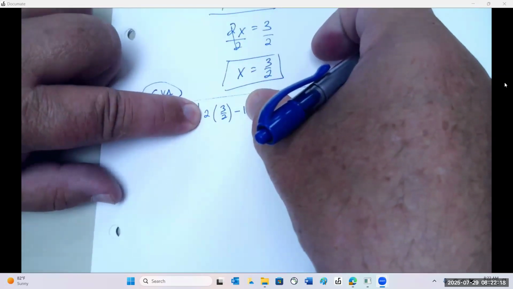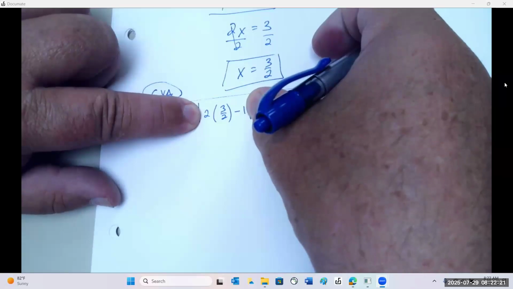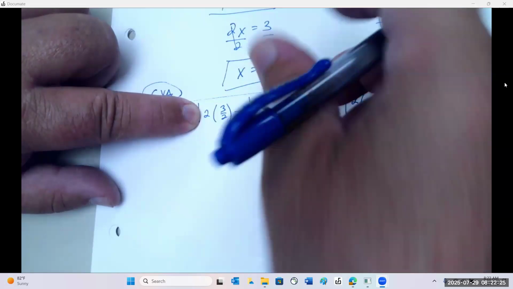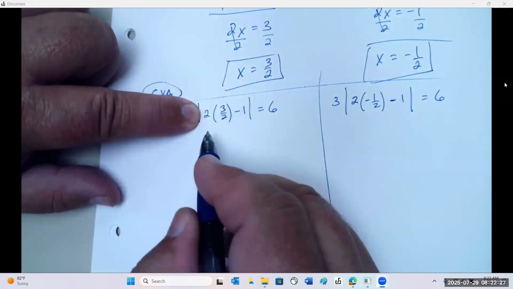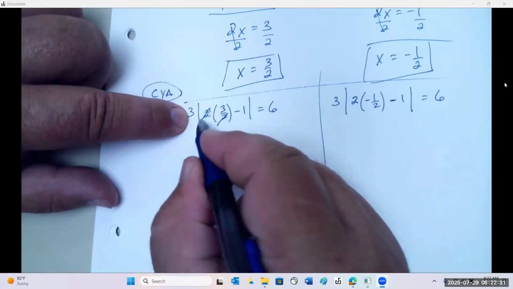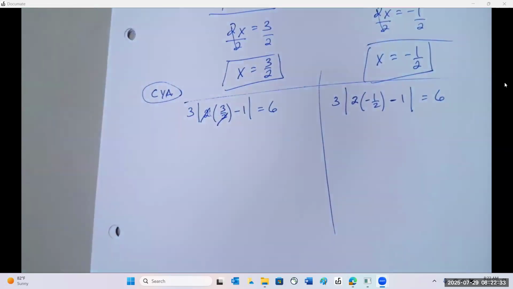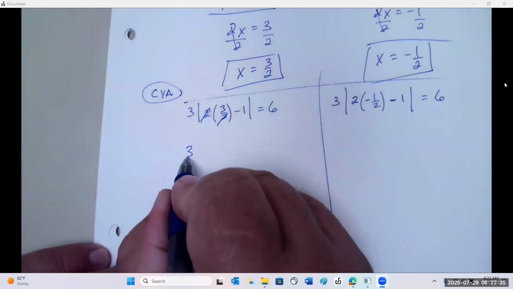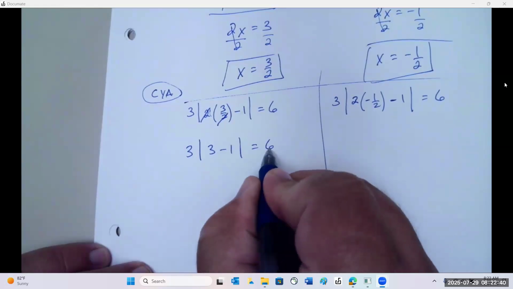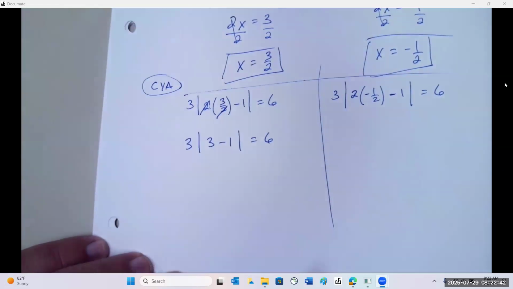Repeat the process. Are there any special operations inside there? No. Are there any multiplication divisions? Yes. So I cancel the 2's first. That's division. So the 2's are gone.